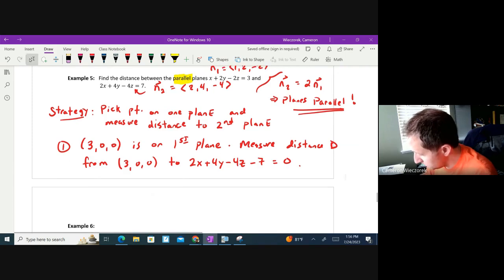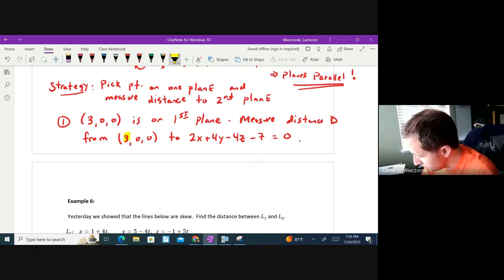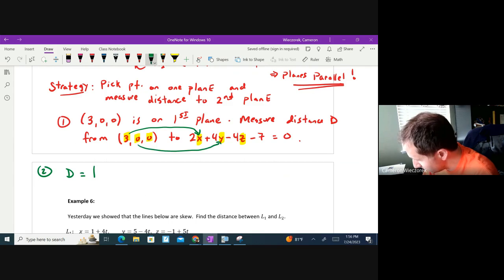And so all I'm going to do now is take (3, 0, 0) and plug that in for x, y, and z and use my formula from up top. So the distance d, let's call this step 2, is going to be the absolute value of taking 3, plugging it in for x, and then taking 0, plugging it in for y and z. We end up with 2 times 3 plus 4 times 0 minus 4 times 0 minus 7.